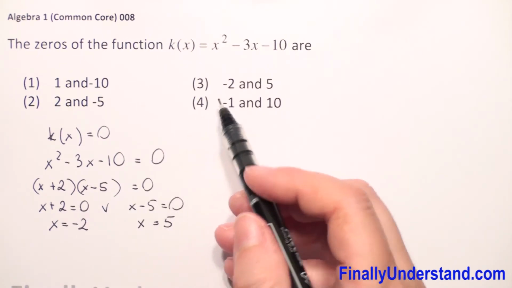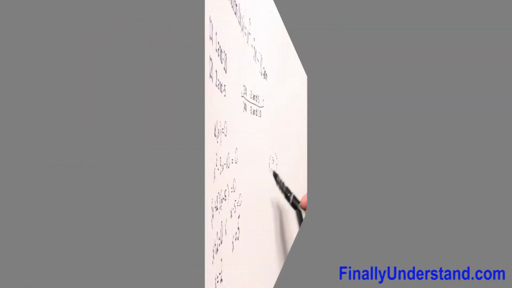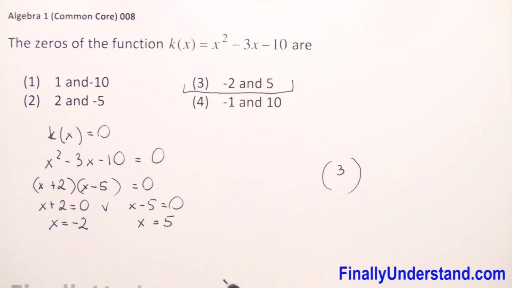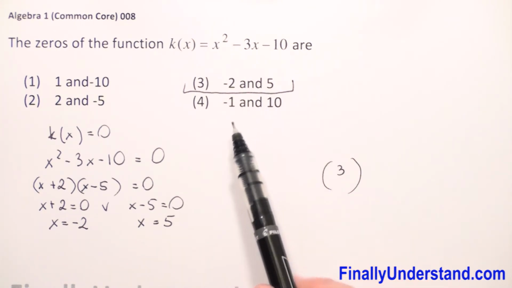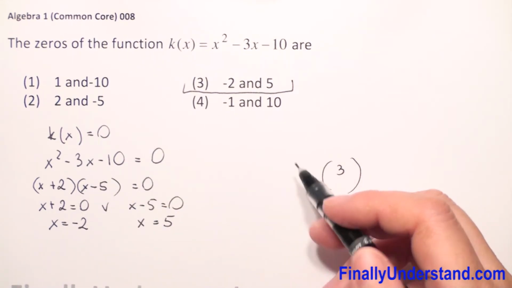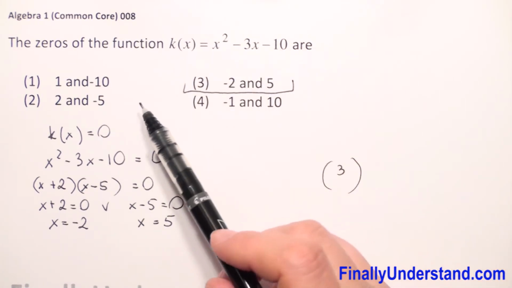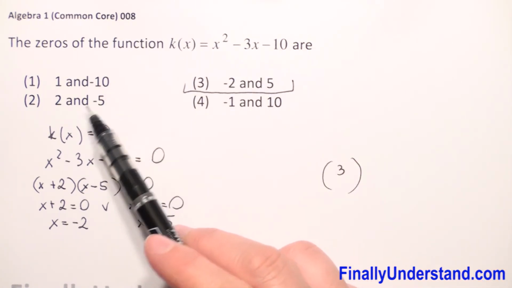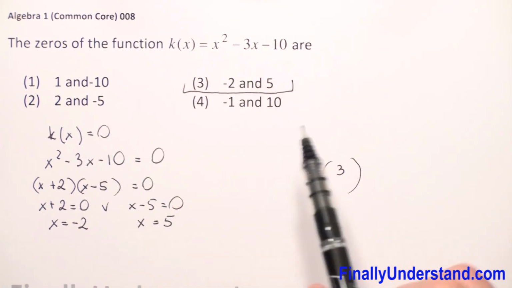So this is our solution. If you forget how to solve a quadratic equation, you can always check every one of these numbers. How do we do this? Because we have to find the zeros of the function, we have to find for which of these 4 pairs our function is equal to 0.